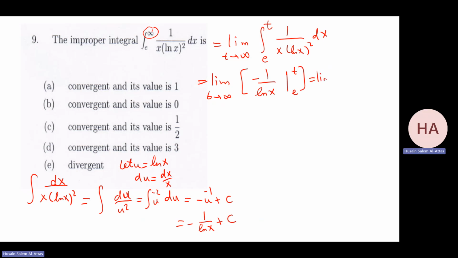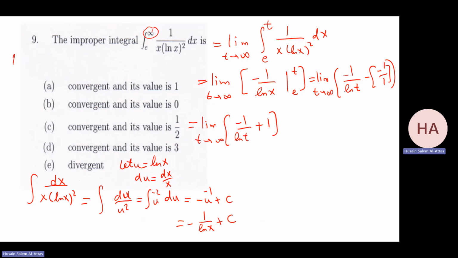That will be the limit as t goes to infinity; substitute 1 over ln t minus 1 over 1. Yeah, ln e is 1. So that will be the limit as t goes to infinity of minus 1 over ln t plus 1.